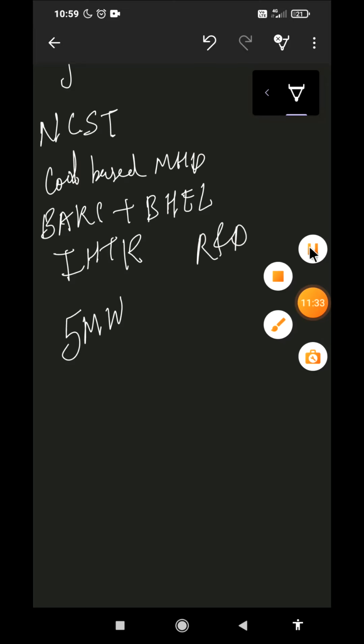I will just revise once again. Which topics have we seen? First we have seen the principle that works on Faraday's law, that when an electrical conductor moves across a magnetic field, a voltage is induced in it which produces an electric current. So that is Faraday's law.